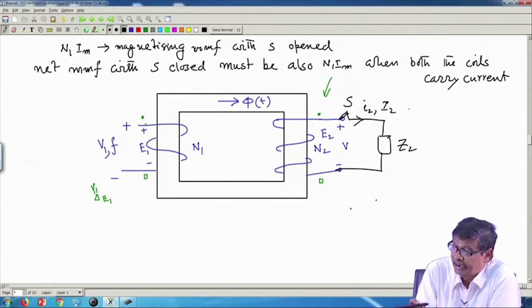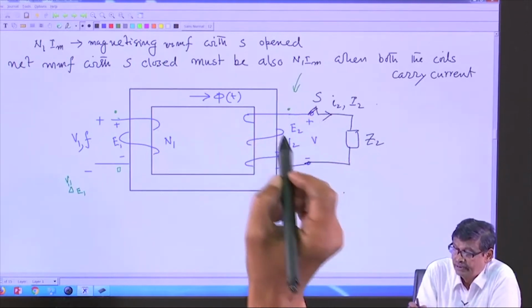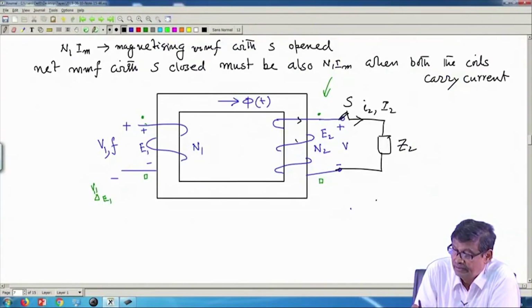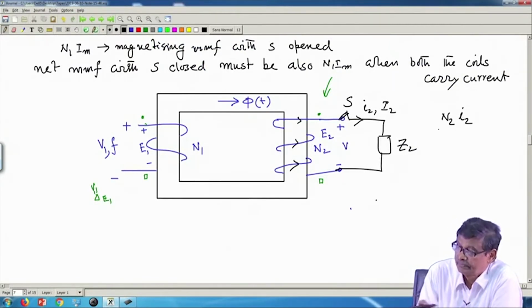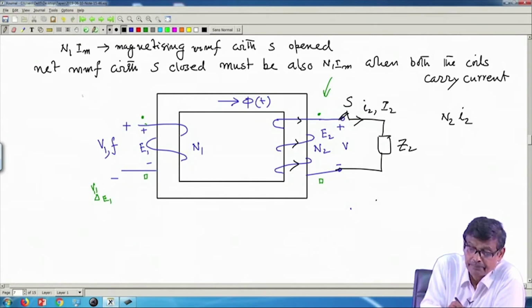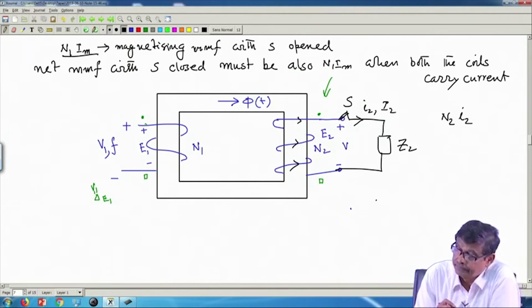Therefore, the secondary coil will create an MMF N2 into I2, instantaneous values, or N2 into capital I2 for the RMS value of the current. Primary prior to closing of the switch was carrying a current of Im, magnetizing current.